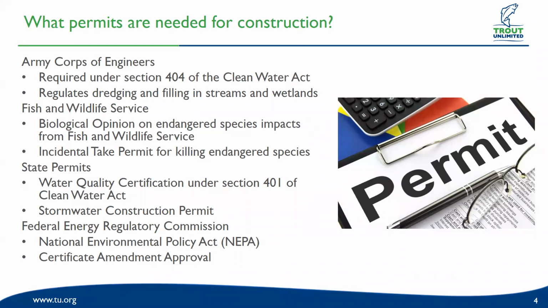And so while they had that previously, they have to request an amendment for their certificate because they are changing their plans, and instead of open trenching, they're boring under a significant amount of streams. And so they have to request an amendment, and part of the approval for that amendment request is that the Federal Energy Regulatory Commission has to comply with the National Environmental Policy Act.